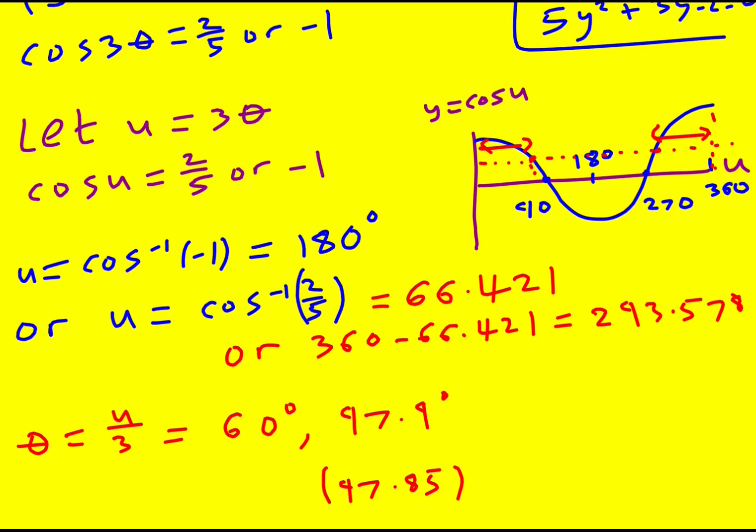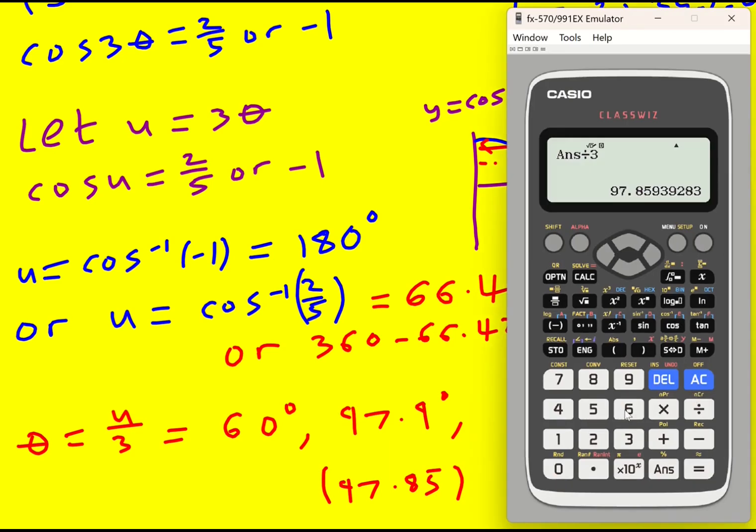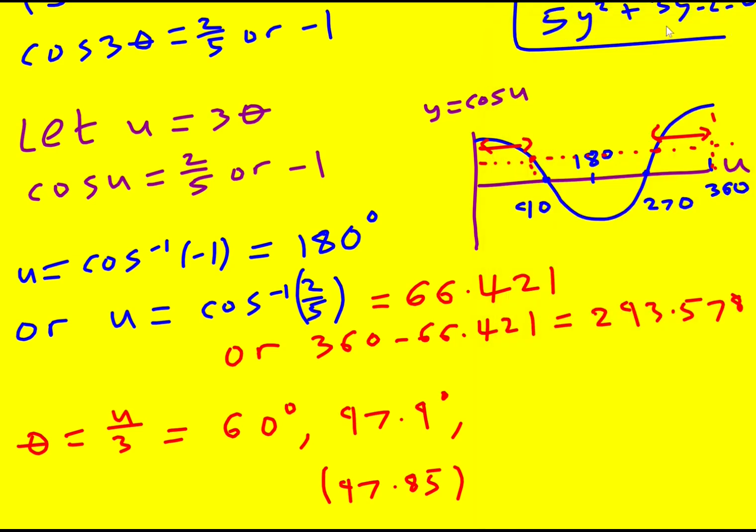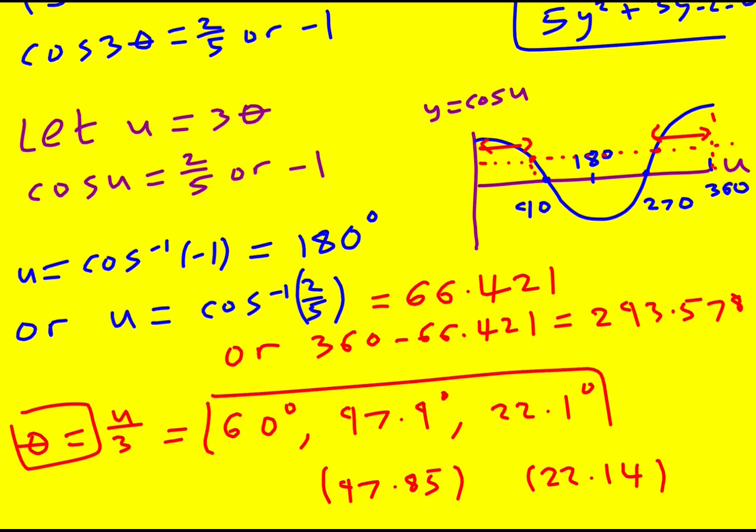I like to write it to a few more as well. Or we've got this other one, 66.421. Divide by 3, 22.14. So 22.1 degrees. Those are our 3 answers to this question.